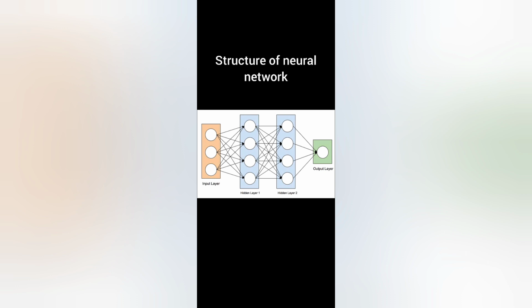So, this is the structure of a neural network as we have seen earlier. First, there is an input layer which receives the input data and passes on to the hidden layers. There can be more than one hidden layer which processes the data, and an output layer, and all these layers are connected through channels.